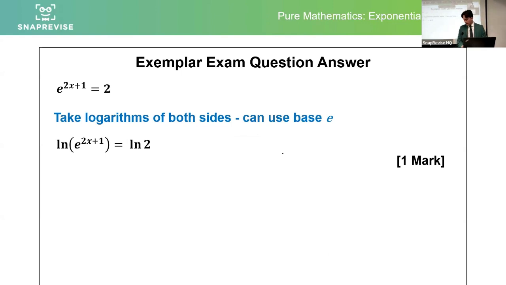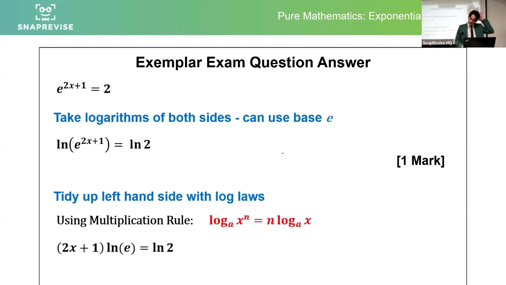Now the ln of x undoes the e to the power, and it just brings down 2x plus 1. So if we tidy that up, we get this, and ln of e is 1. So we basically get 2x plus 1 equals ln 2. Very well done if you're at that stage. We're already picking up the key marks.